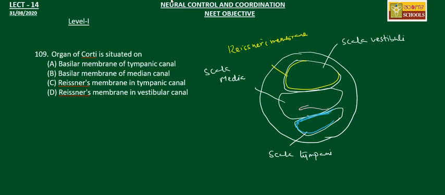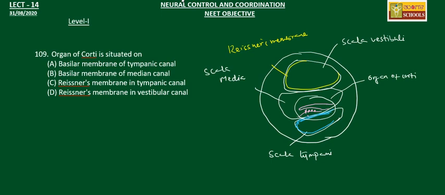You can see here this is the tectorial membrane, and below that you will find hair cells. So these are hair cells, and this is the organ of Corti, which is the main organ responsible for receiving auditory information. The organ of Corti.